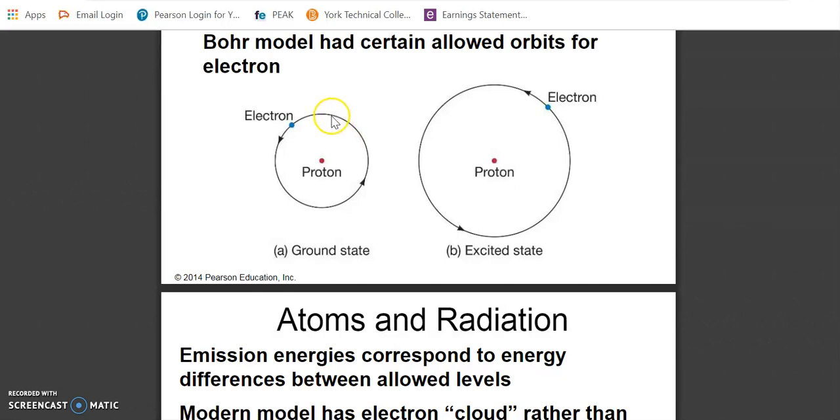It doesn't always drop right back down to the ground state. Sometimes it goes in stages. It'll go to a very high state, then drop to an intermediate state, and then ultimately drop down to the ground state. And it has to drop to the ground state. It always happens. It's like a ball up a hill. It always goes down to the bottom of the hill. It has to roll down to the bottom of the hill.